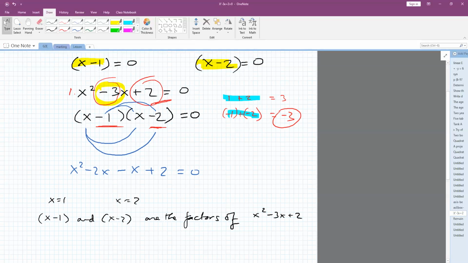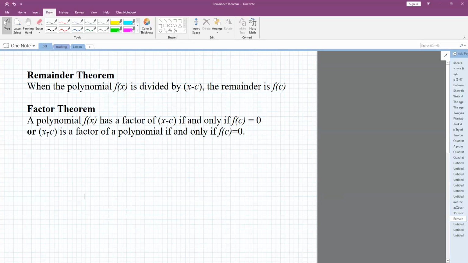In the next part of today's discussion, I want to talk about the remainder theorem and also the factor theorem. So let's look at the first one. When the polynomial f(x) is divided by x minus c, the remainder is f of c. So what does this mean?